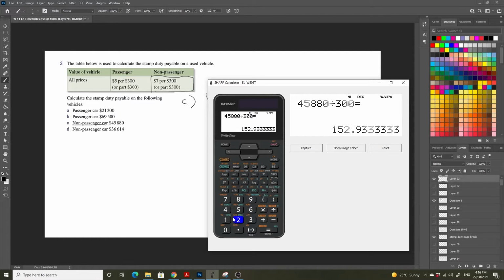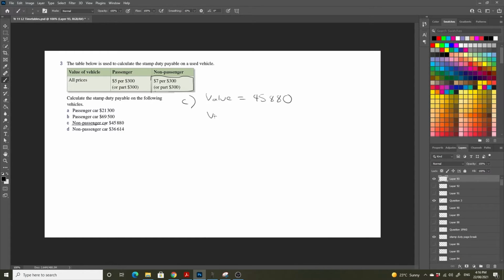It's 152.93, so we're going to round this up to 153 times 300, which is 45,900 to the nearest $300.